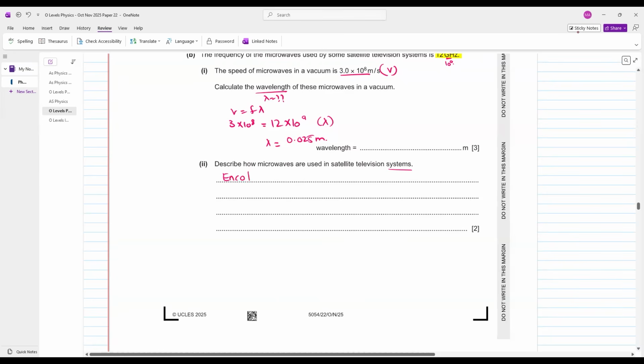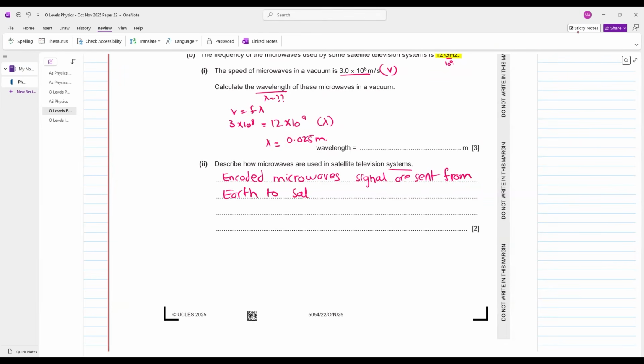Encoded microwaves signals are sent from earth to satellite. फिर क्या होता है?